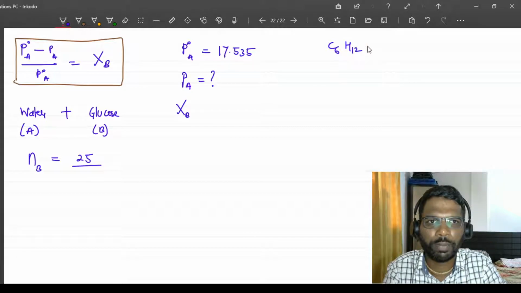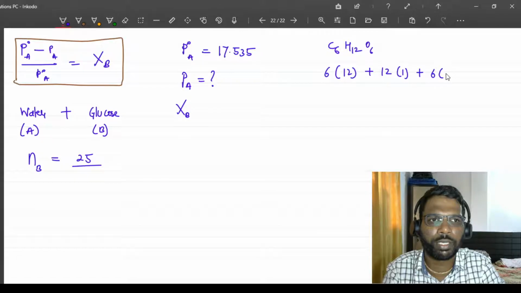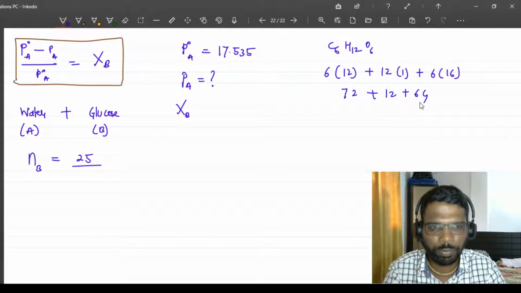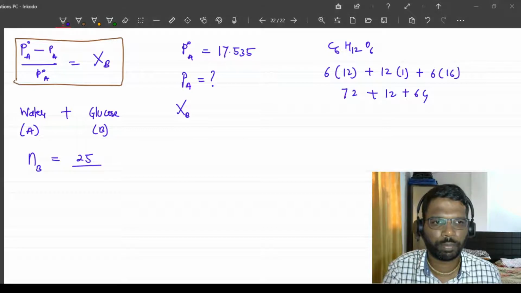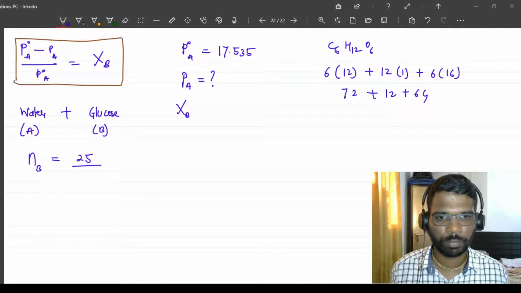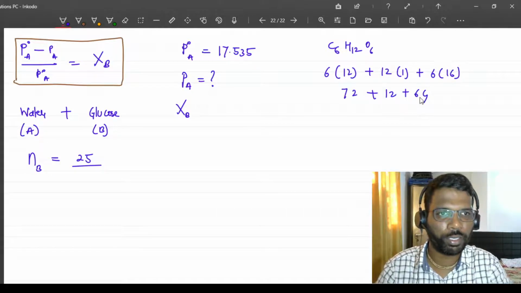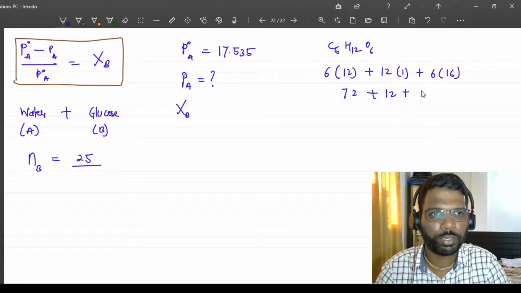The molar mass of glucose: the formula is C6H12O6. So it will be 6 into 12 plus 12 into 1 plus 6 into 16, which is 72 plus 12 plus 96, since 16 into 6 is 96.